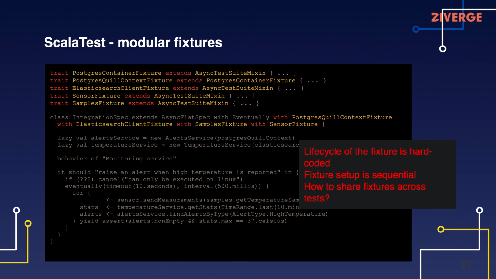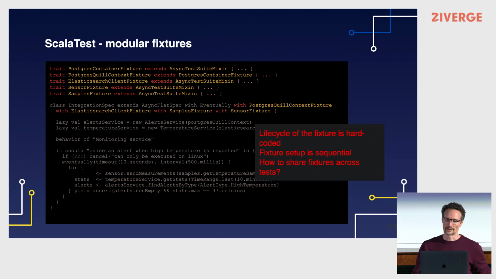The problem is that the lifecycle of these modules is hard-coded in your mixin. Either you choose to have your Postgres container start up for each and every test, or you choose to start it up for the whole suite and have it shared among all tests, but you cannot control the lifecycle of this dependency at the use side.